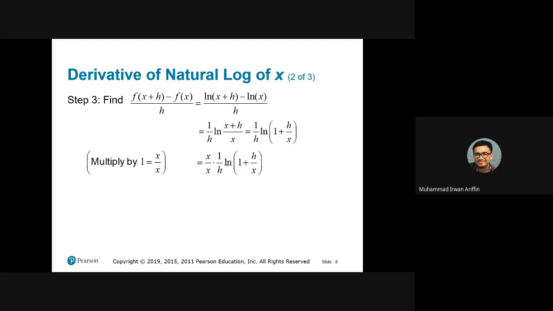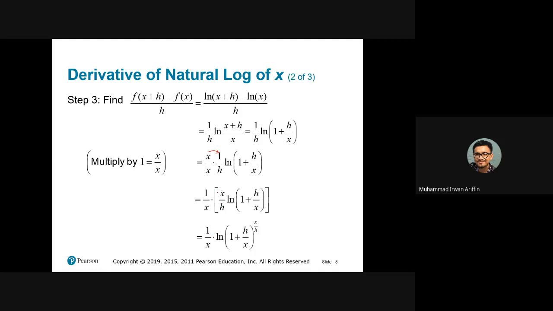So we simply multiply the whole term by 1, and we're going to bring this x inside the bracket. So we have this term.